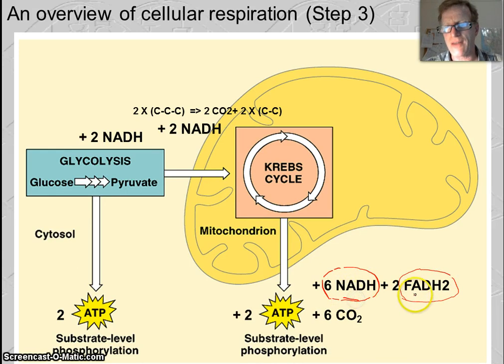These both have big long fancy names, but they're basically B vitamins. They're the energy vitamins that give our cells energy, and they basically are just helping to transfer energy from food to ATP. So we got in that second step 2 more ATP generated and a bunch of carbon dioxide. So now we've completely chopped up our glucose into carbon dioxide, but we still have all these energy-rich molecules here.